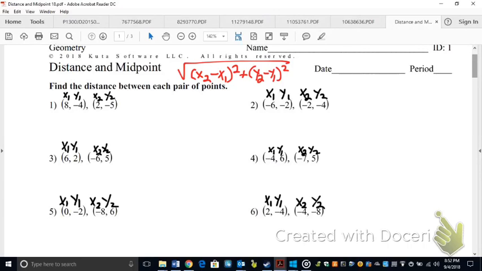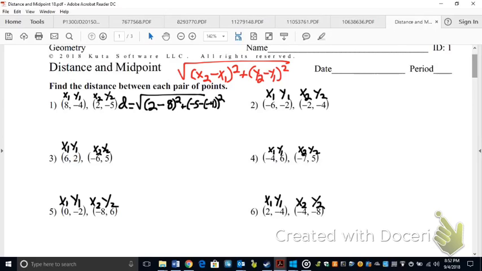So now all I want to do is take that formula and plug in the variables that I marked. Distance equals the square root of, open parentheses, and then instead of x2, I'm going to put 2, because that's what I have, minus my x1, which is 8, squared, plus y2, negative 5, minus a negative 4, squared.